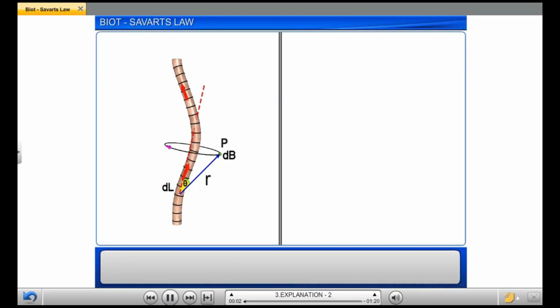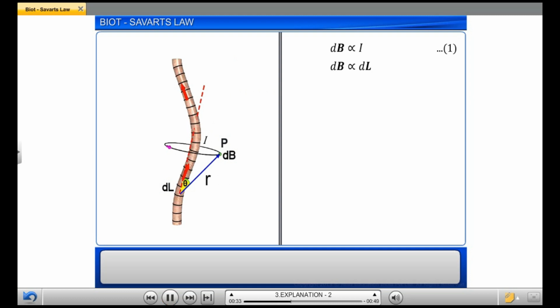The magnetic induction dB at point P due to the element is directly proportional to the current I in the element. Let this be equation 1. The magnetic induction dB is directly proportional to the length dl of the small element of the conductor.